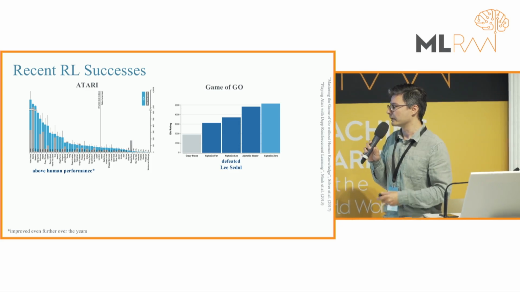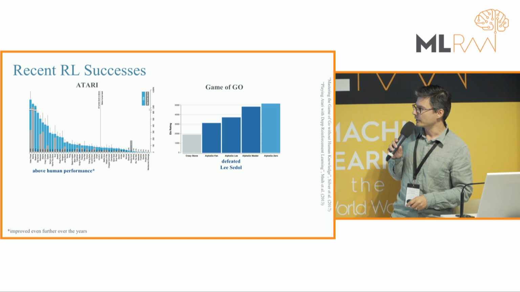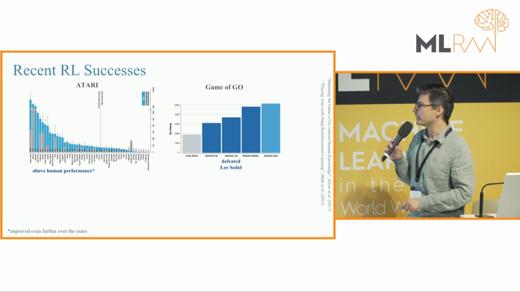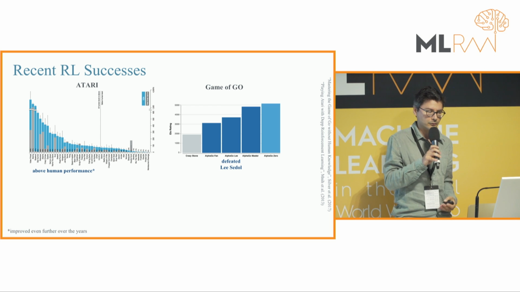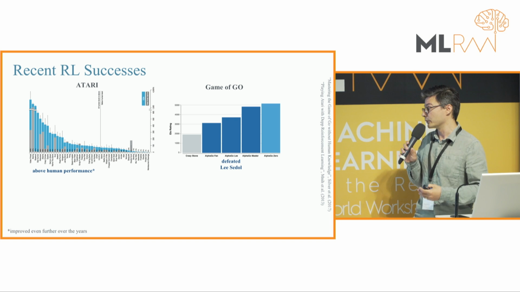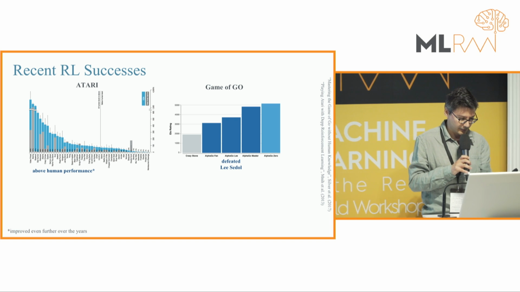We didn't even expect that reinforcement learning could perform so well in these games. In Atari, it achieved above human performance, and these results have actually been improved over time. And AlphaGo Zero was able to improve the performance a lot, reaching a world champion level, and now even much farther than that.